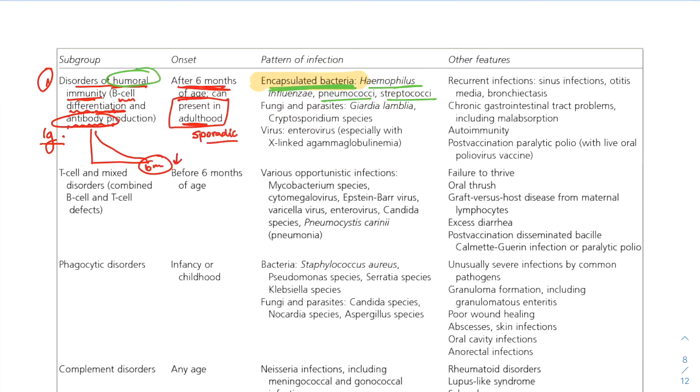Also, they have a tendency toward infections with parasites like Giardia and Cryptosporidium, causing gastrointestinal problems, and viruses like enterovirus; especially patients with X-linked agammaglobulinemia have a tendency to develop recurrent gastrointestinal infection by enteroviruses.